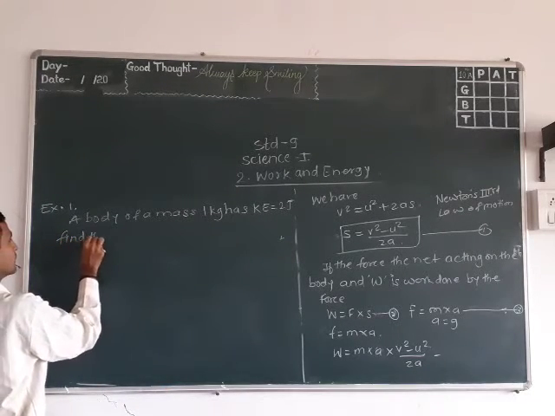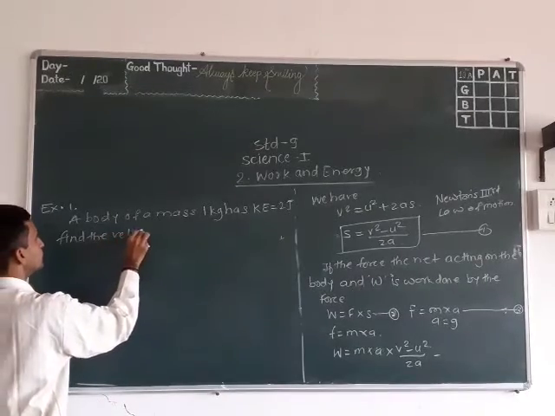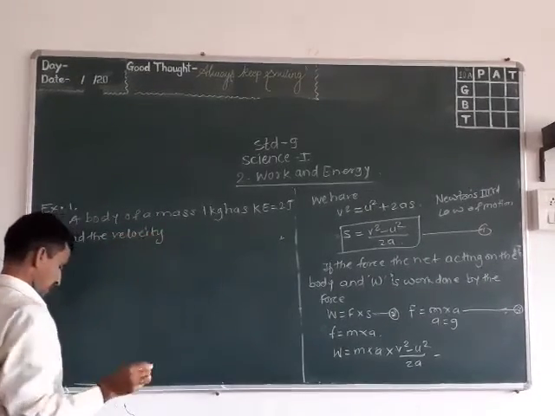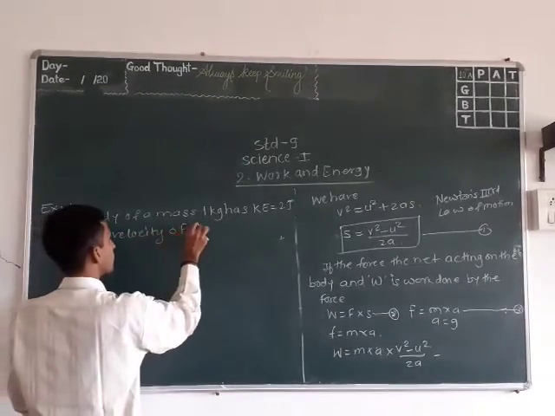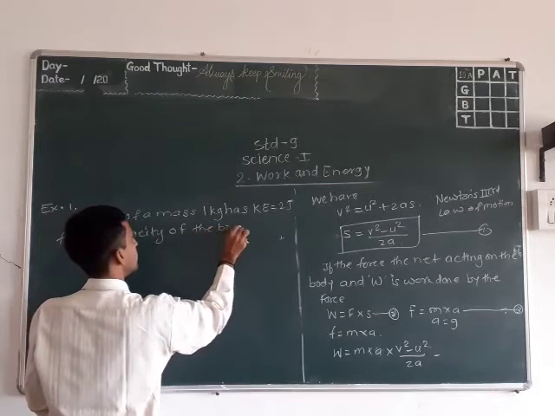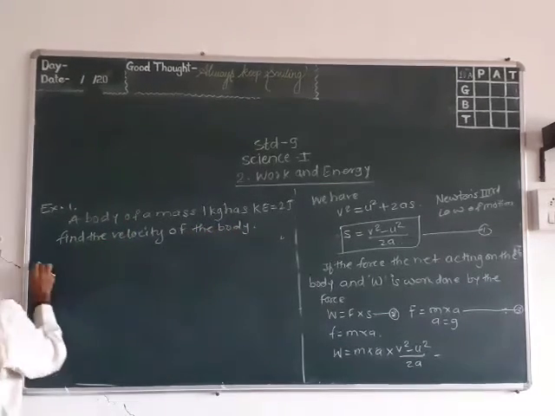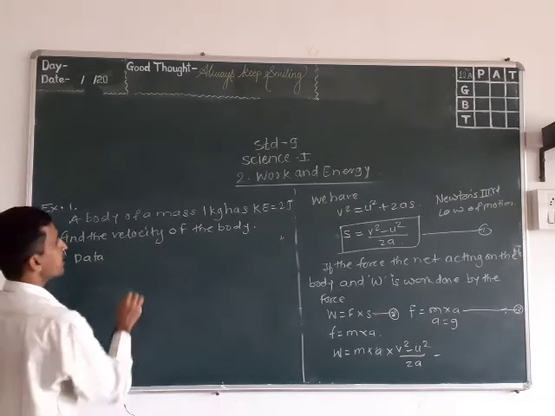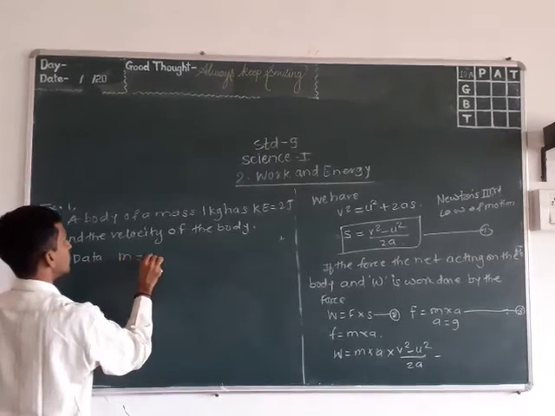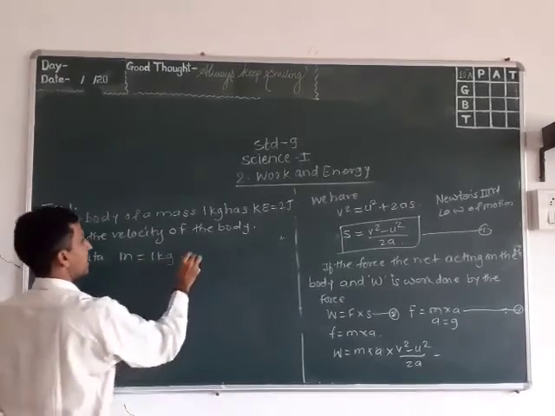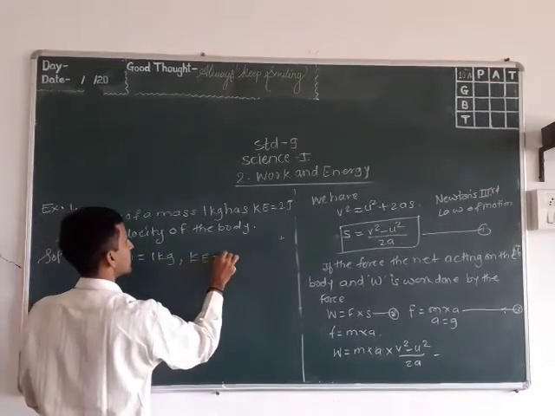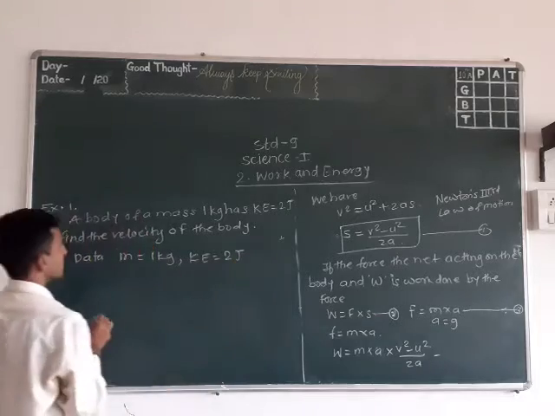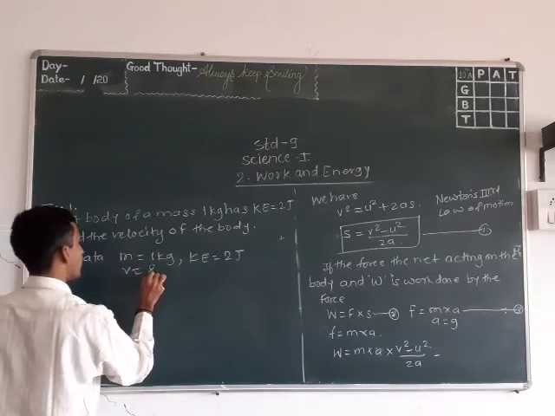Find the velocity of the body. Solution. Data: mass m is equal to 1 kg and kinetic energy is equal to 2 joules. Find out v is equal to question mark.